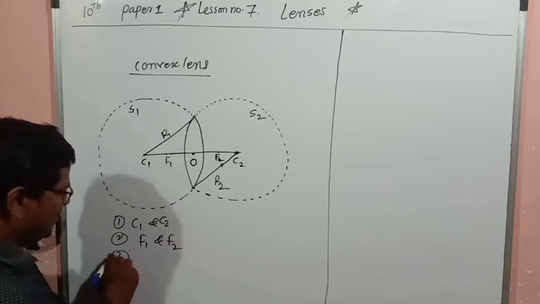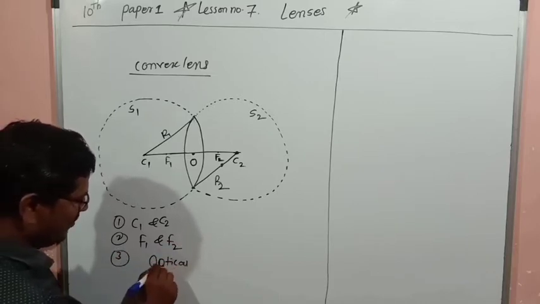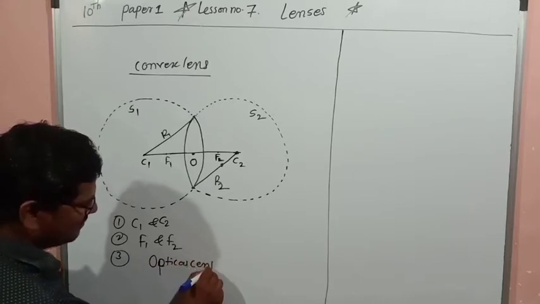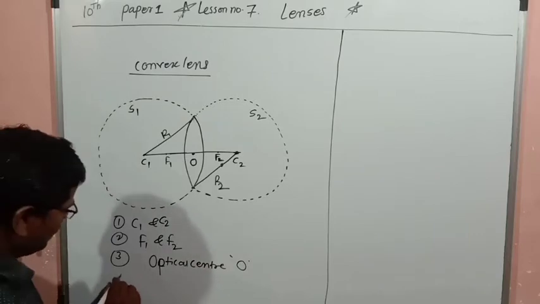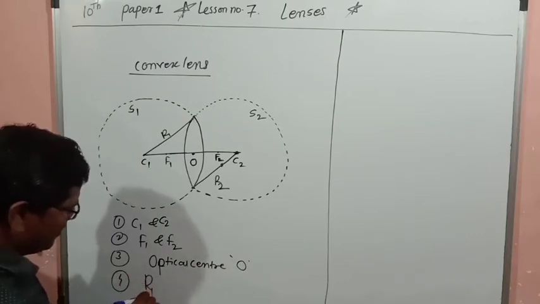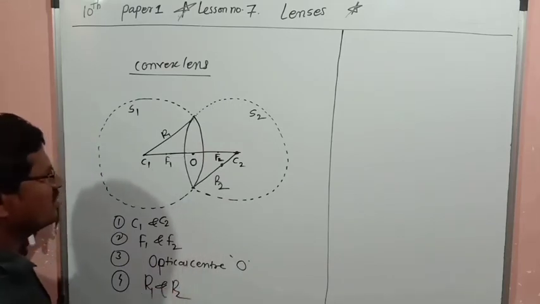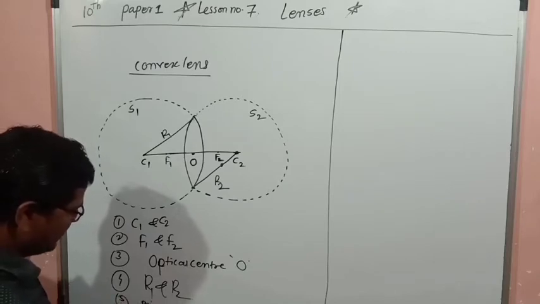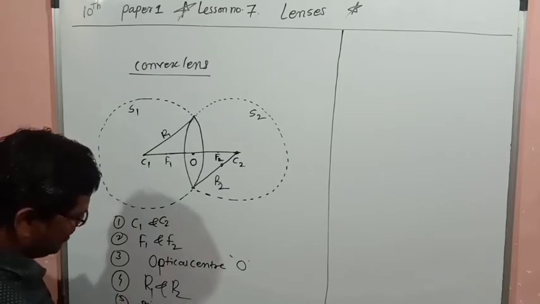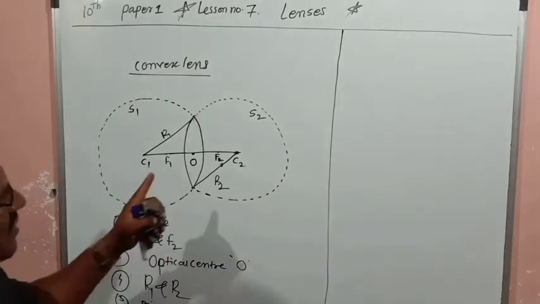Third, it has an optical center at the middle. And fourth, it has radii of curvature, R1 and R2. Again, it has one principal axis. So like this way is the lens.